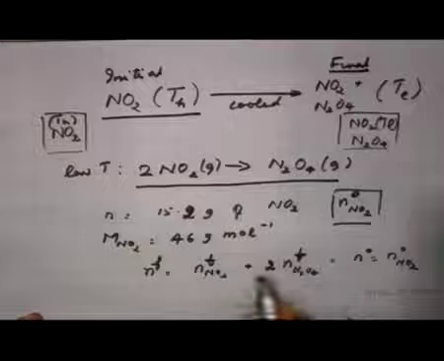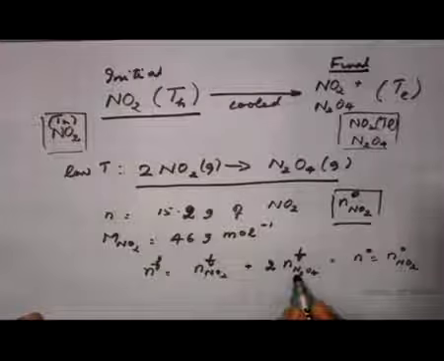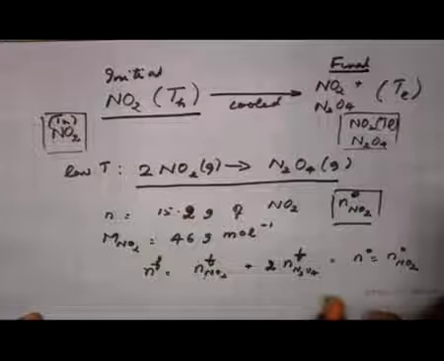Now, we need another equation to be able to solve for the number of moles of NO2 and N2O4 at the final stage. How does one do that?